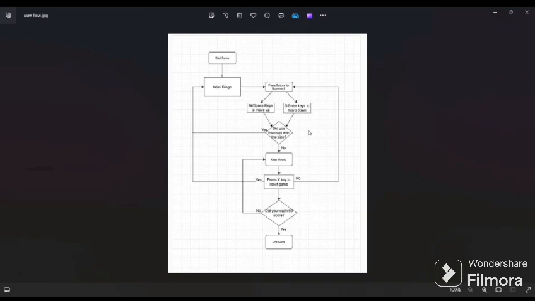The user can either move up or down and keep moving until they reach the score of 30, at which the game will also pause or restart completely. So if it does not reach the score of 30, it would keep moving as we see here, or in the other case, the game would end and you would be completing our challenge. So that would be our user flow diagram.